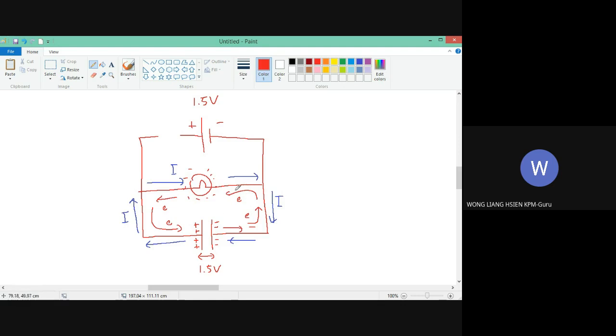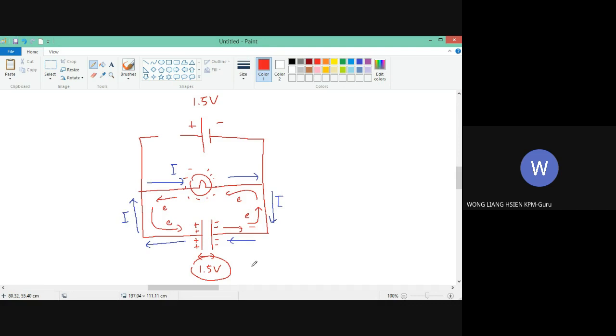Why does it slowly become dimmer and dimmer? Because as the electrons flow from the negative plate to the positive plate, the potential difference, this 1.5 volt, becomes smaller and smaller, because the difference in charge becomes smaller. The negatively charged plate becomes less and less negative, and the positive plate becomes less and less positive.